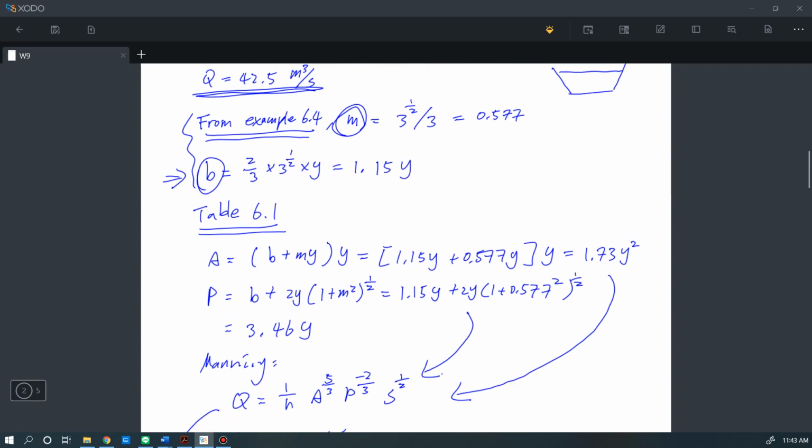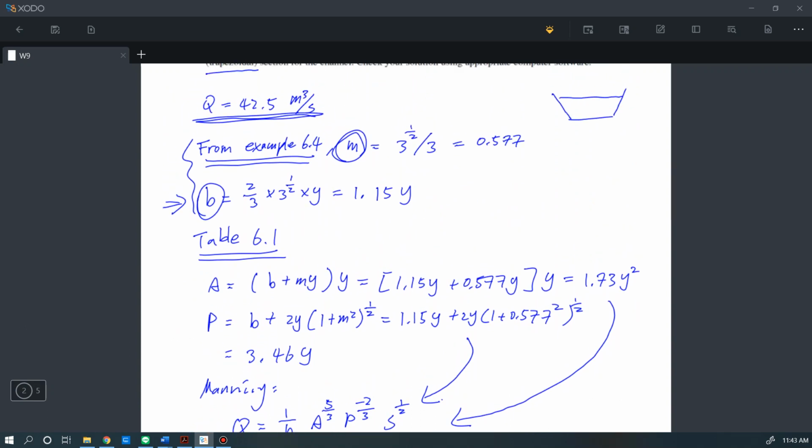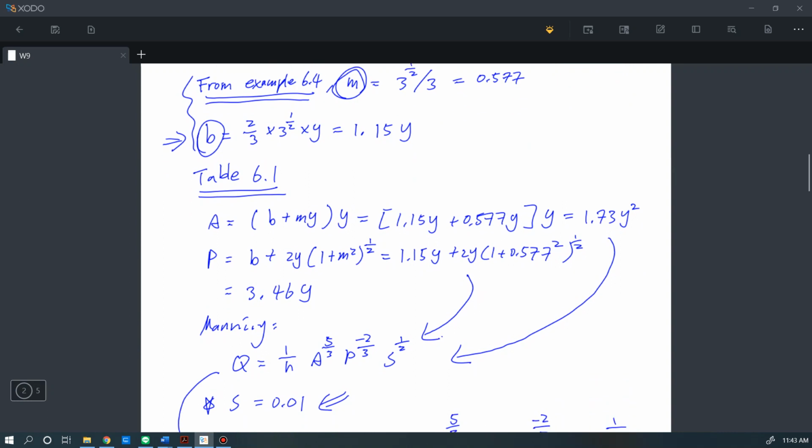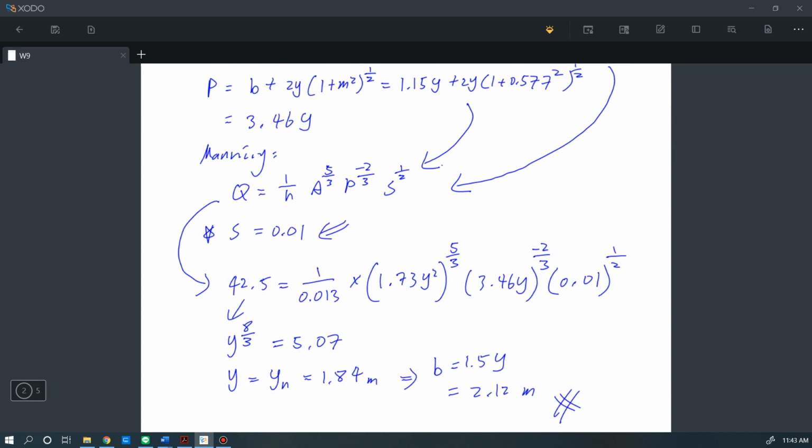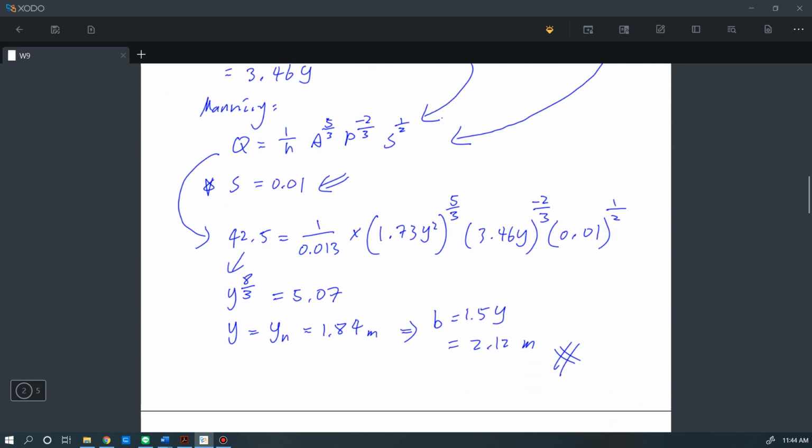So in this problem, we just apply the result from example 6.4 and the Manning equation to solve the normal depth yn and the width b.